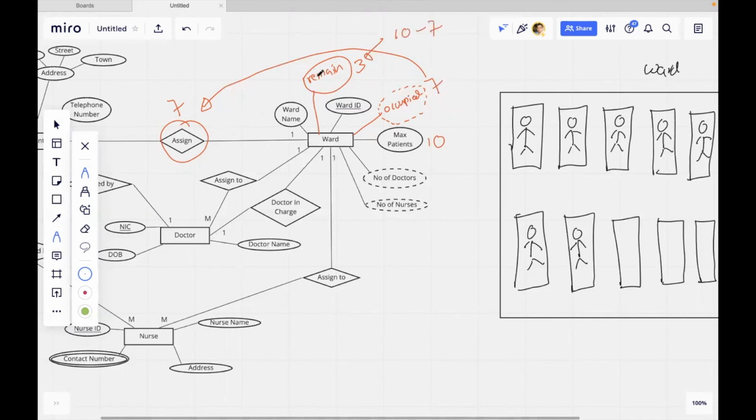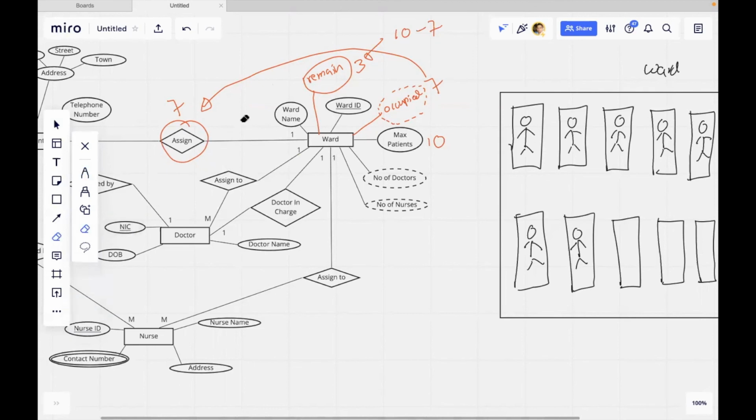That means this data is already available in two different places. Directly or by calculating, you can get this one. Therefore, remaining can also be calculated. The data is already there. That is why this is also a derived attribute.